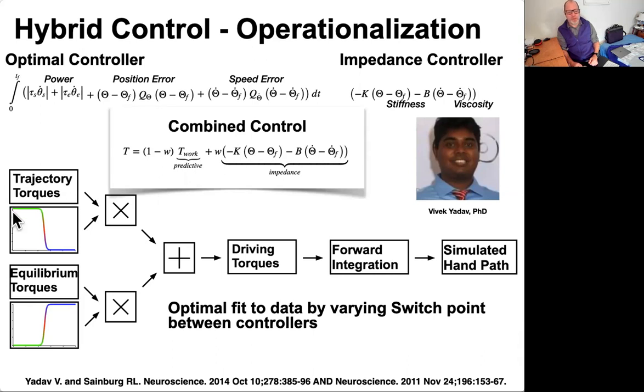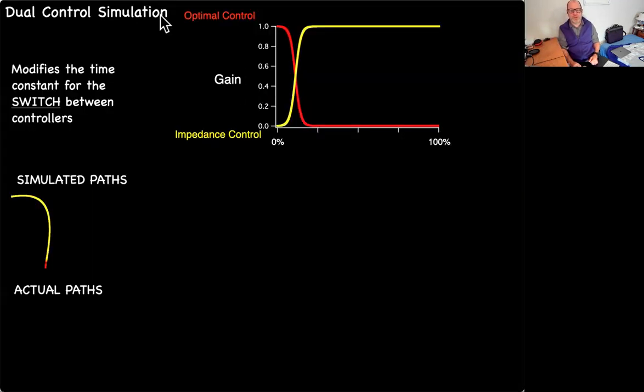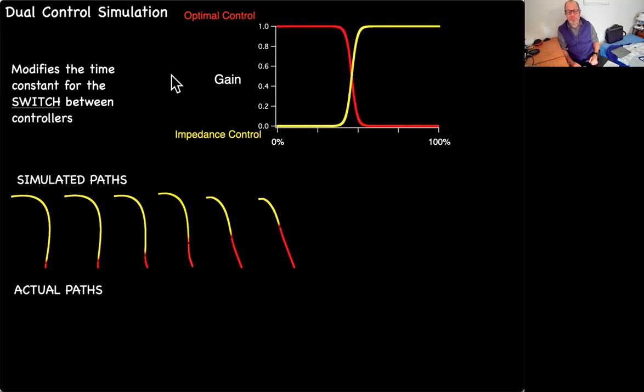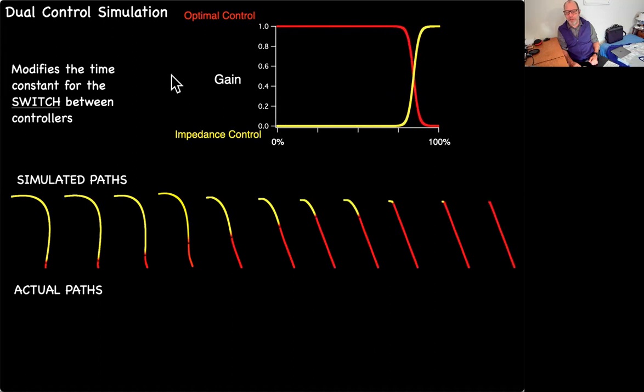The way we combine control is that we started out with completely optimal control and ended up with completely impedance control, and we just changed where you switched from one to the other. We switched rather quickly. Here are our simulated paths. We started with optimal control, but could switch to impedance control early or late. These are right-hand paths.